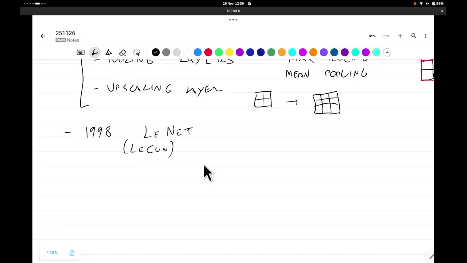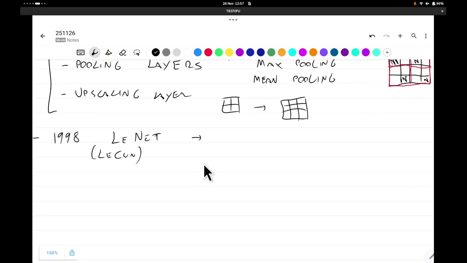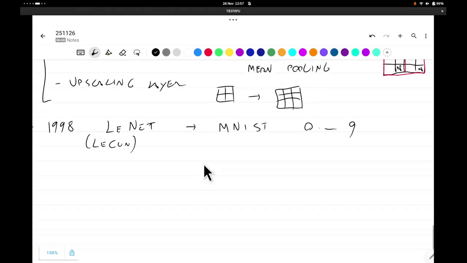And then you have LeNet, addressing the NIST data. These are handwritten digits between 0 and 9. I think you might have heard or seen them already. There is a database from the NIST Institute in the US that had all these handwritten digits.